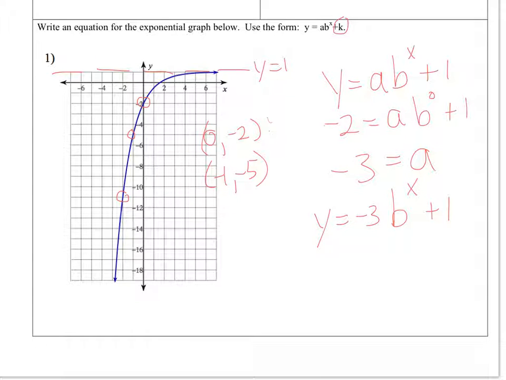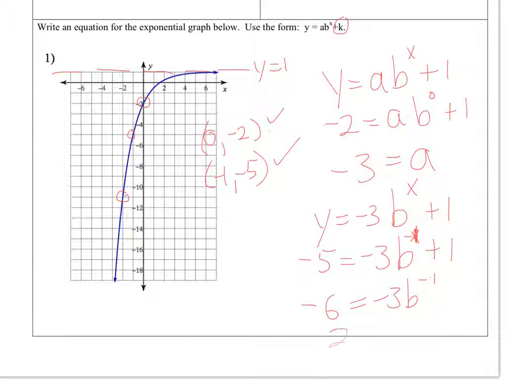And now plug in my second point. We used that one. We're going to use this one next. Negative 5 is equal to negative 3 b to the negative 1 plus 1. Negative 6 is equal to negative 3 b to the negative 1.